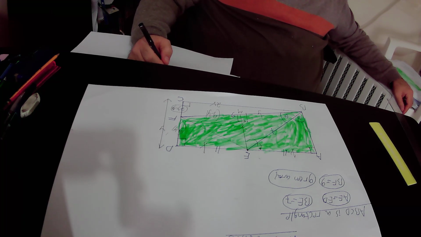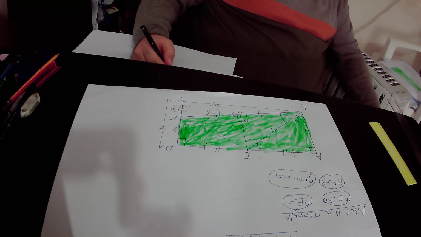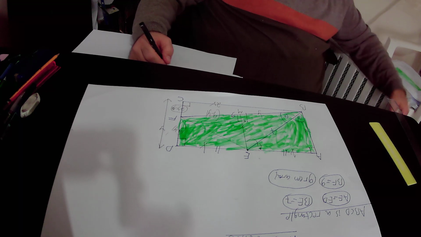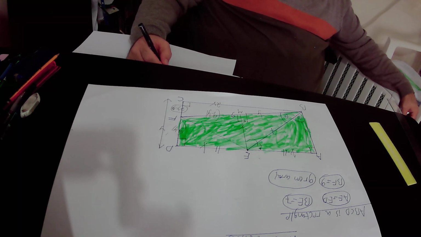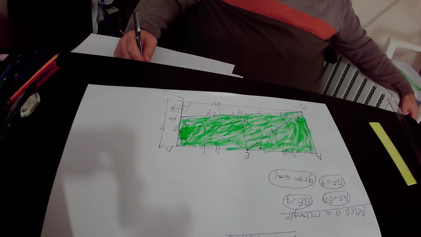is equal to AB, it is actually equal to y, plus DF, which is 9 minus y, times AD, which is 2x, over 2.